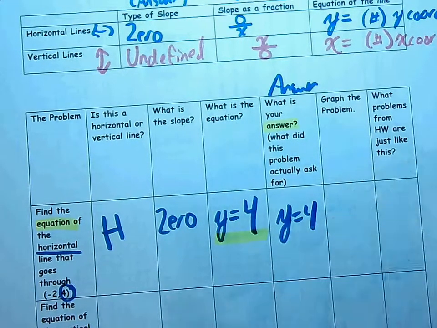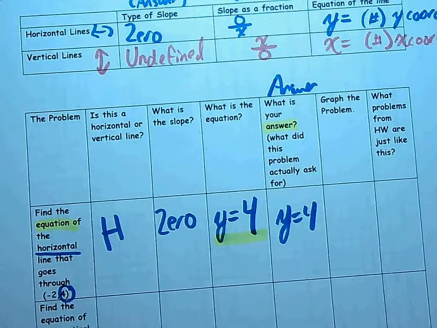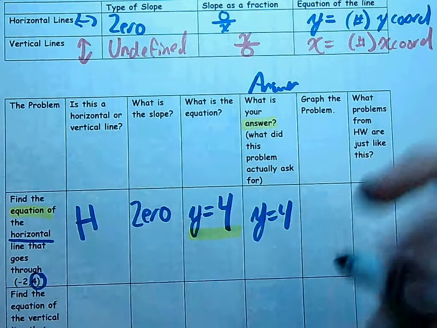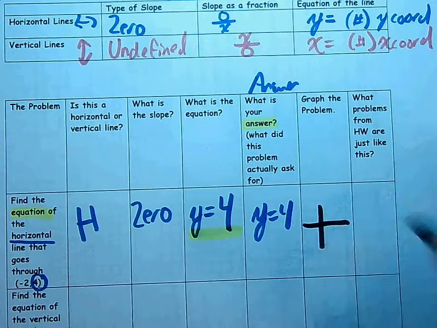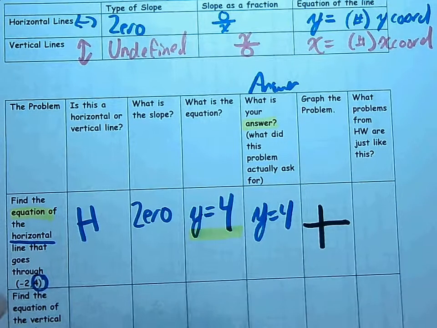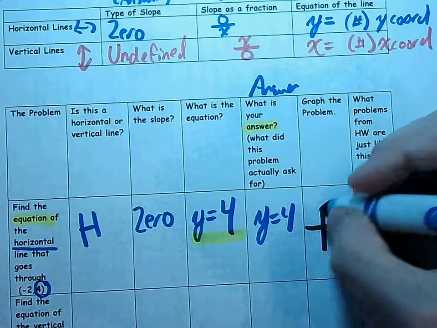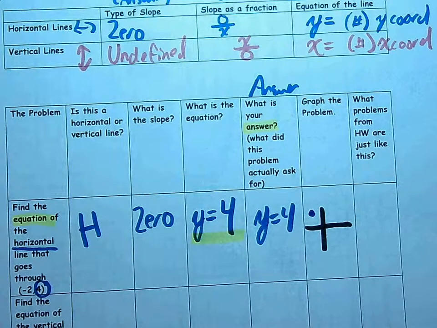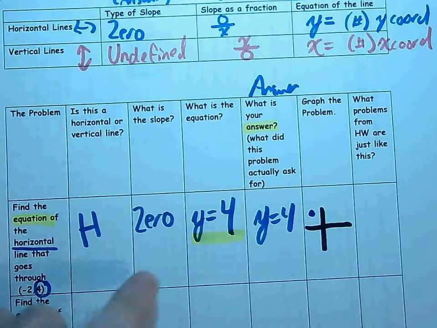All right? And I said go ahead and graph the problem. And you can do a very simple graph. This does not have to look all gorgeous. I'm going to do just a really quick XY axis. And if you get lost, plot the point. It says the line goes through (-2, 4). Well, (-2, 4) is about right here. And you told me it's what type of line?